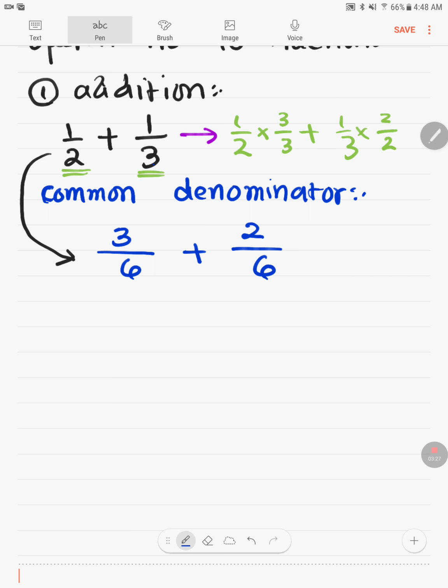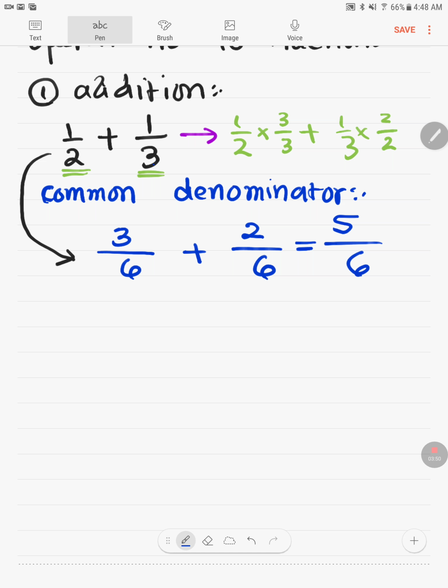So the answer will be, in this case, since we have a common denominator, we could take that common denominator and add the numerators with no problem, so it will be 5 over 6.